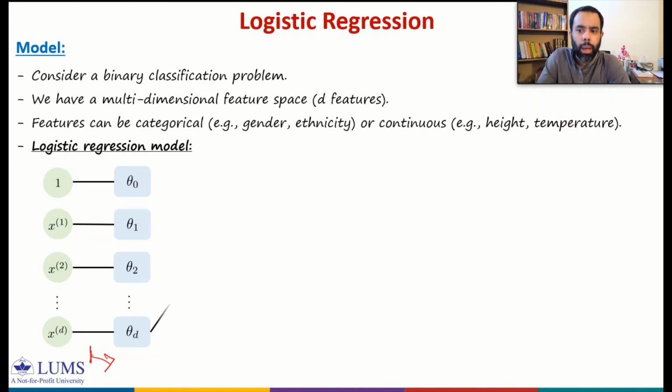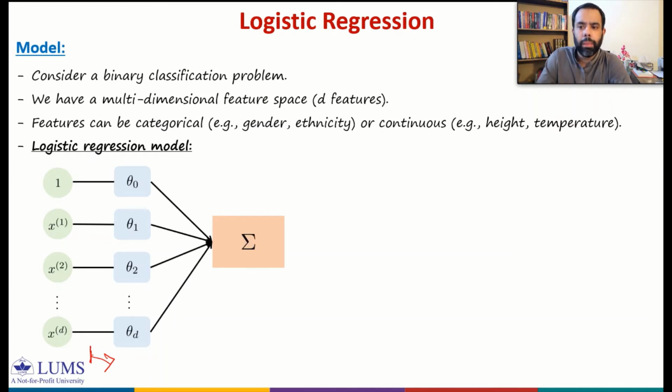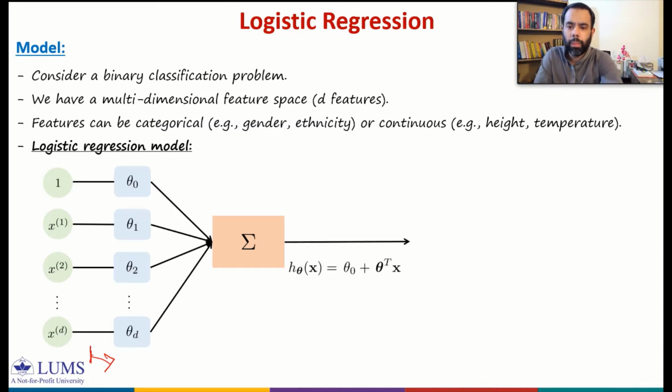And then we simply sum theta naught plus x1 theta 1 plus x2 theta 2, and so on and so forth. When we sum all of these, we get a linear sum. We have theta naught plus theta transpose x.